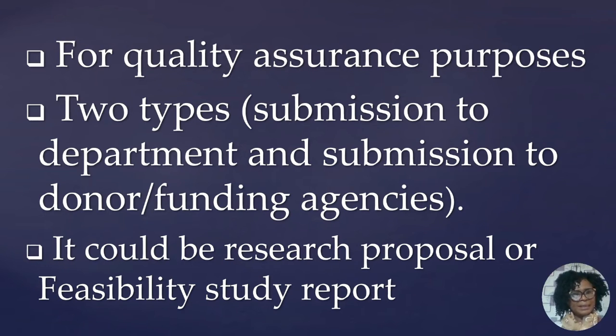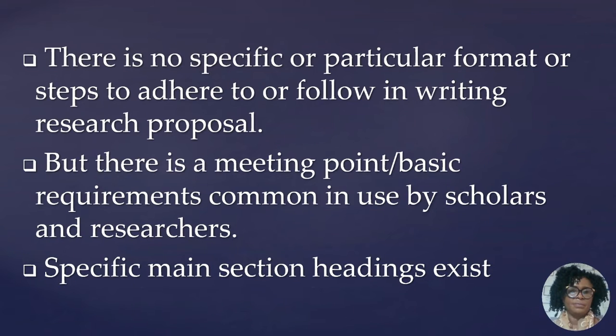If you are sending the proposal to donors, there are a few things you will add that differ from what you do in a university or academic environment. It could be a research proposal or a feasibility study report.